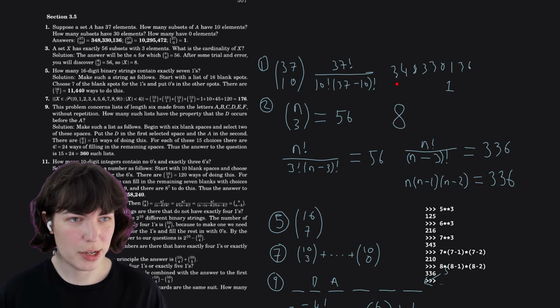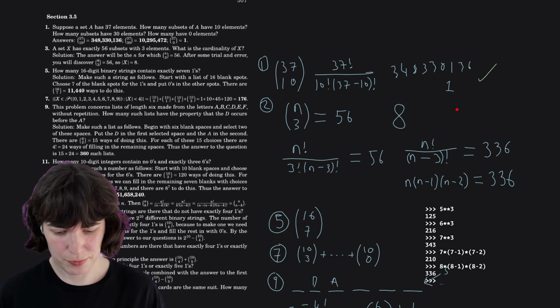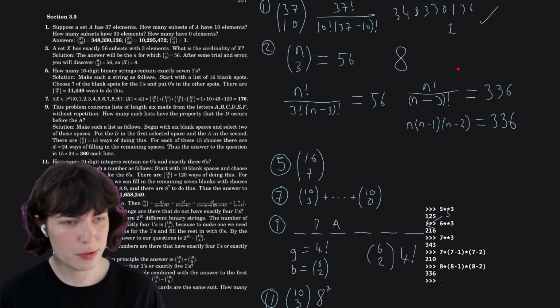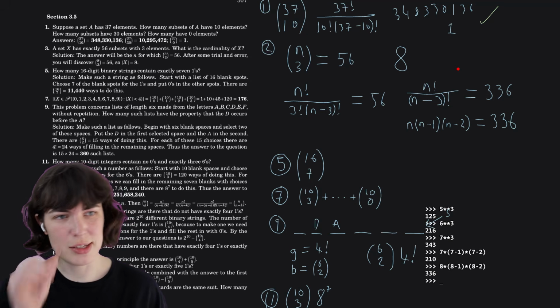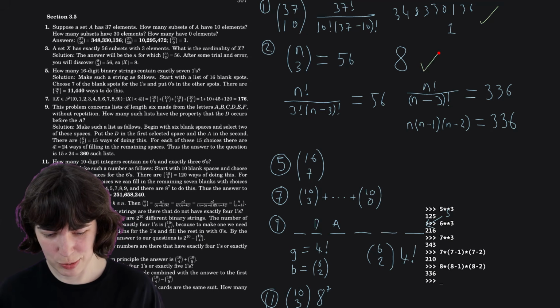3, 4, 8, 1, 3, 6. That seems right. And then 1, and then the thing in the middle. I'll give myself a tick for that. I didn't do 2, obviously. I did 3, so... A set has exactly 56. Okay, what do we get? 8. That one was a challenge.